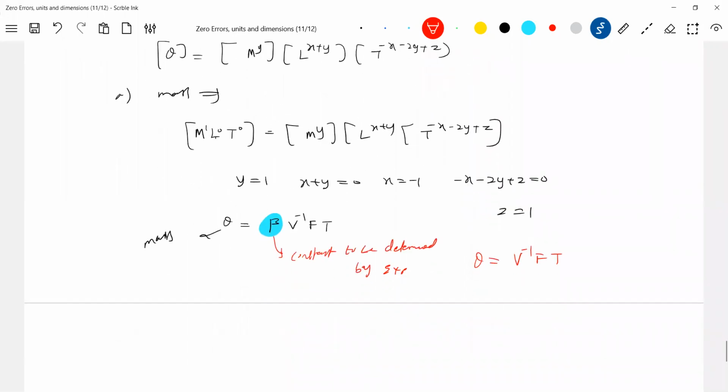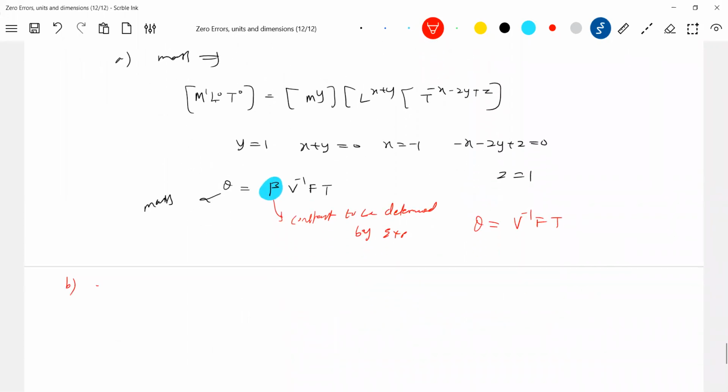Okay, let's go for the case where the quantity is energy. Express energy. Now the dimensions M1 L square T minus 2 should be equal to the right-hand side.